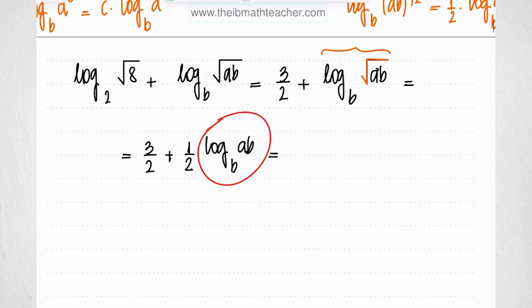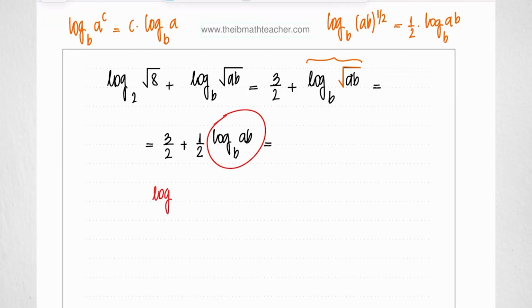Now we have another property here, and let me not use A, B, and C for this particular exercise, or especially A and B, because they're already being used here. So let's just call them x and y and z. So let's say that you have log of xy base z. You can rewrite this as log x base z plus log y base z.